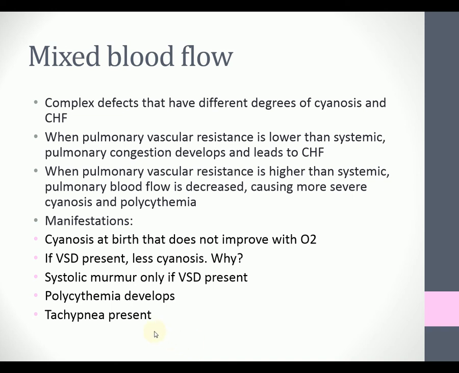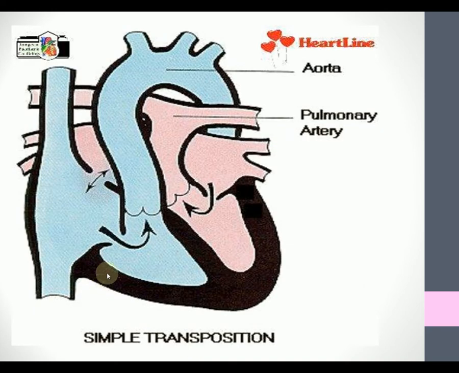So let's look at one of the others besides tetralogy of Fallot. This is a simple transposition. Now the tetralogy of Fallot is decreased blood flow. So remember, the tetralogy of Fallot is the only one with decreased blood flow we're really going to talk about.